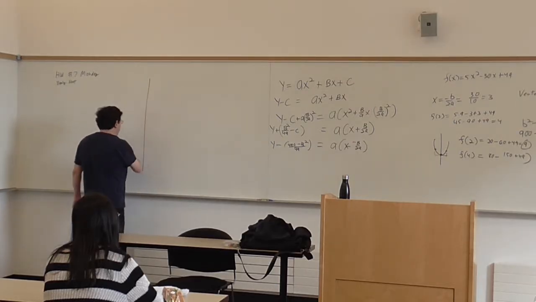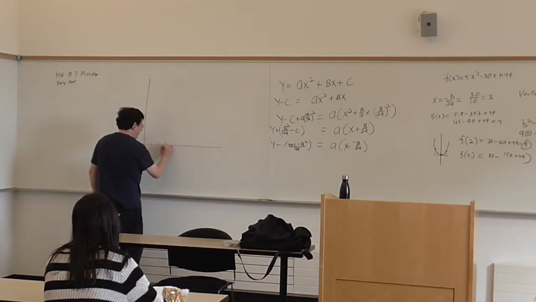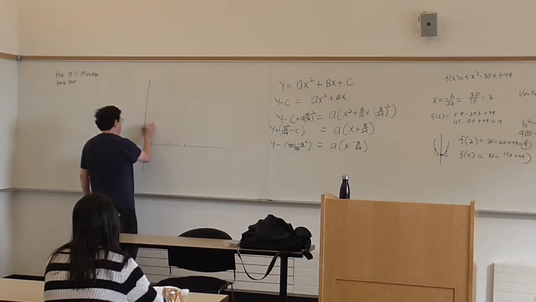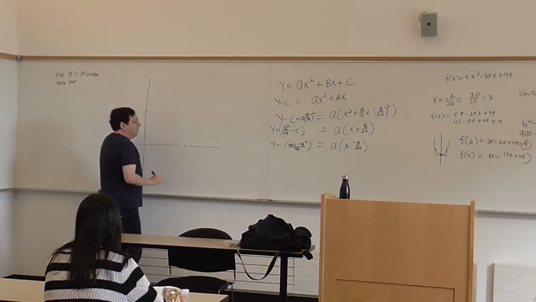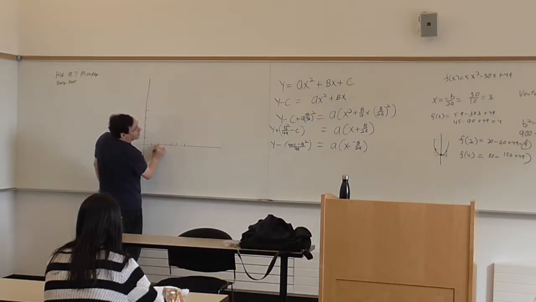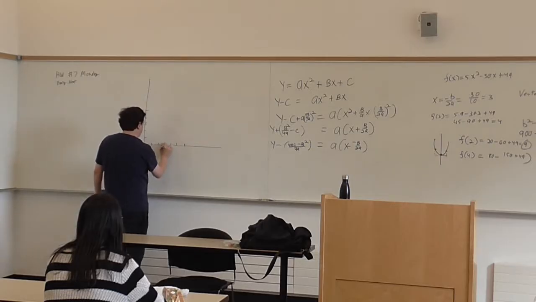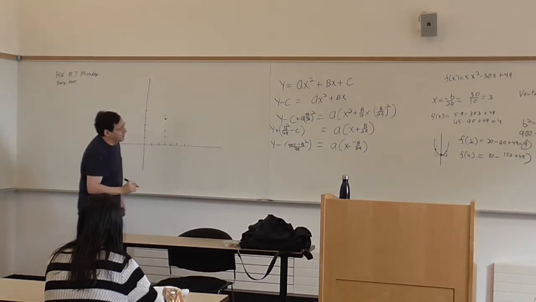All right. Let's put a graph out here. So my vertex, I believe, is at, what did I say? It's at 3, 4. 1 point.